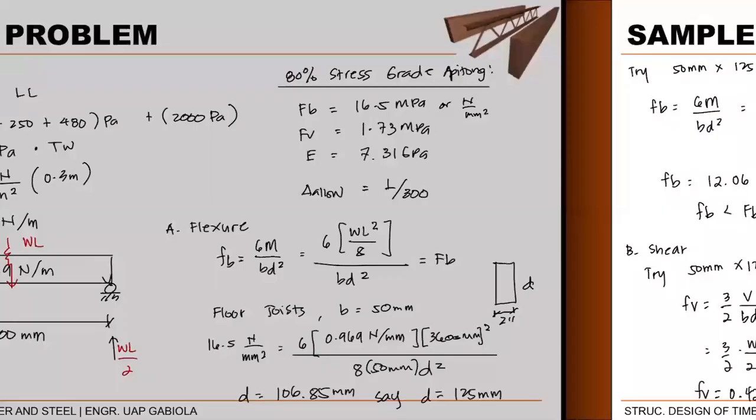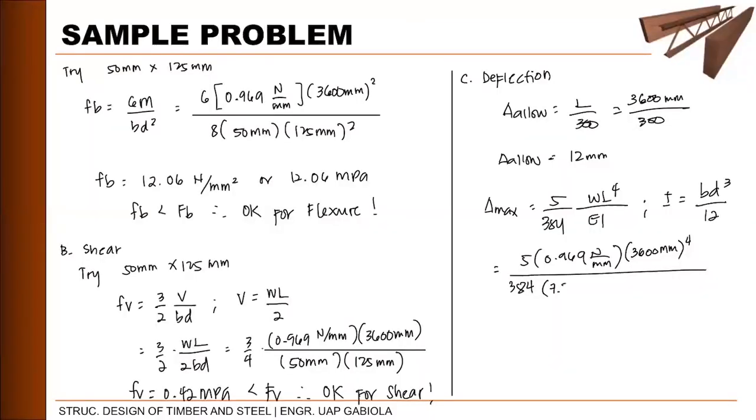Okay? So 7.31, pwede siya maging 7.31 times 1,000 Newton per mm squared. So megapascal, no? So 1,000 ang difference nila. Times yung I natin na B na 50 mm, D na 125 mm, cube, tapos divide natin ng 12.